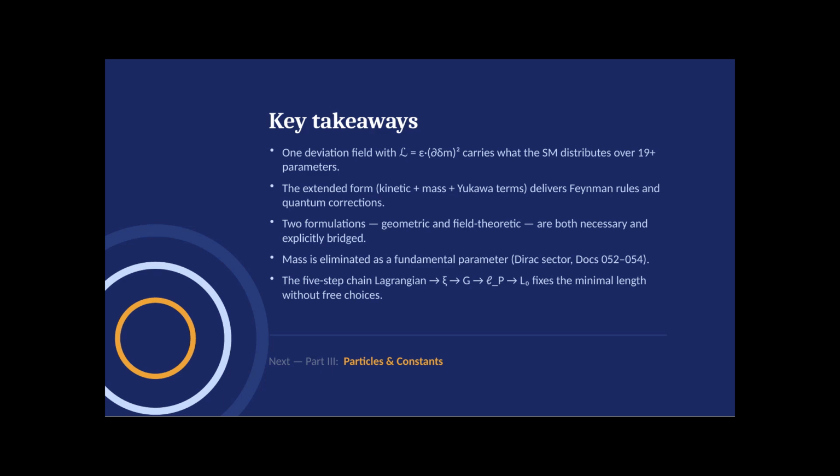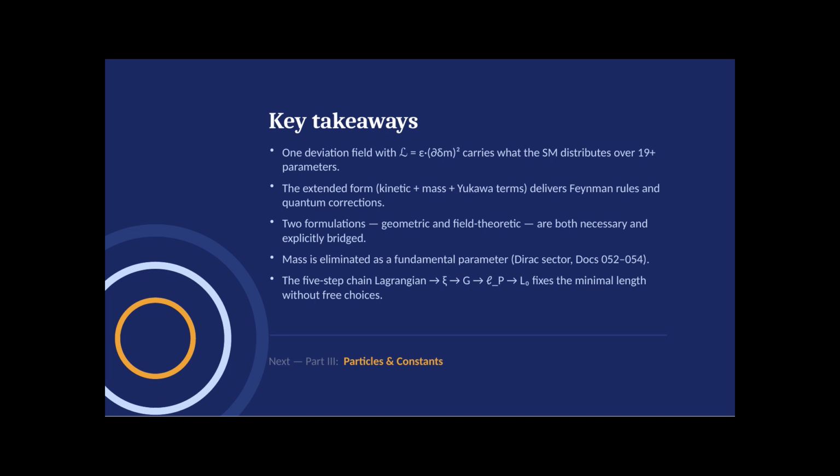Slide 23, part 2, in 5 lines. One deviation field, script L equals epsilon times the derivative of delta m squared, carries what the standard model spreads across 19 plus parameters. The extended form, with kinetic, mass, and Yukawa terms, gives you Feynman rules and quantum corrections.